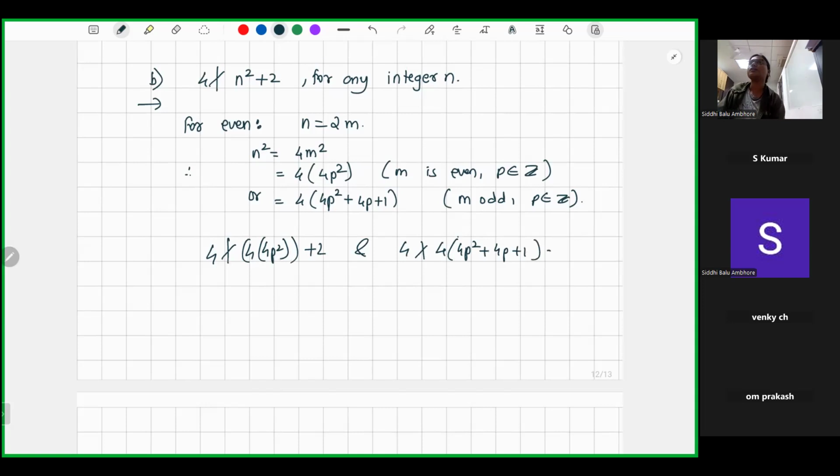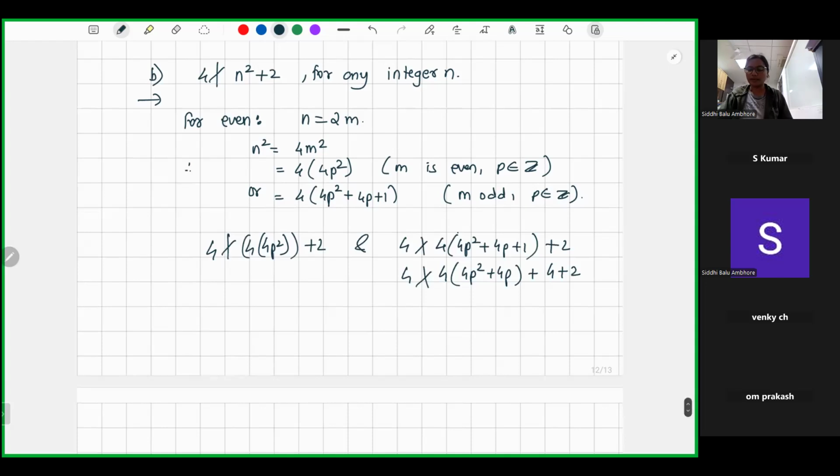Here it will be 4p square plus 4p plus 6, or again this is 4 plus 2. This won't happen.